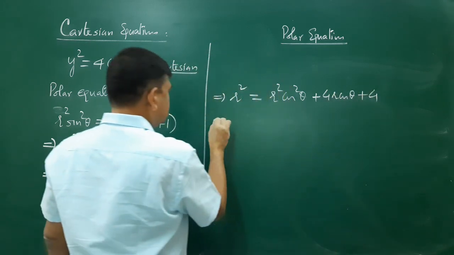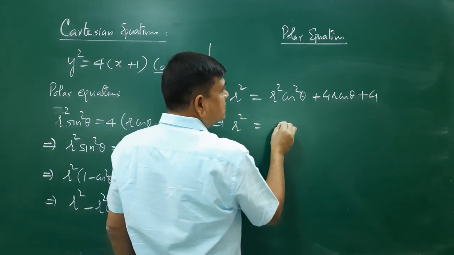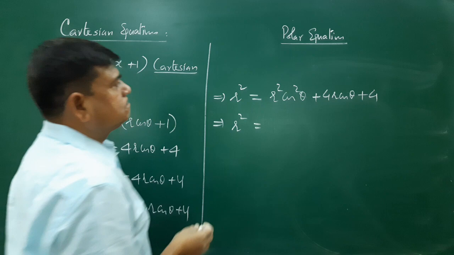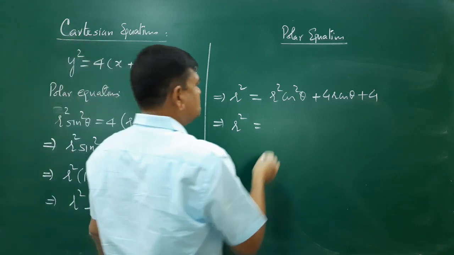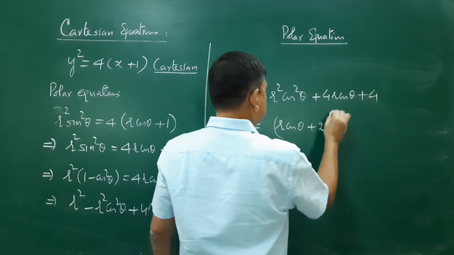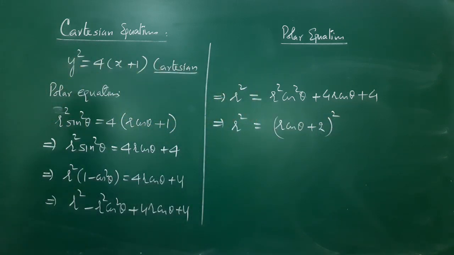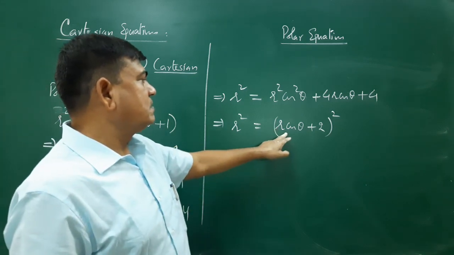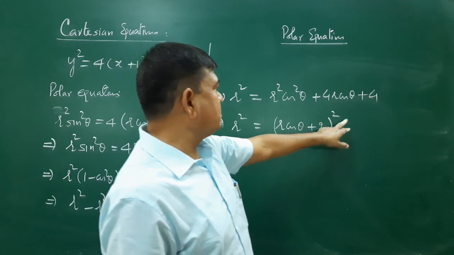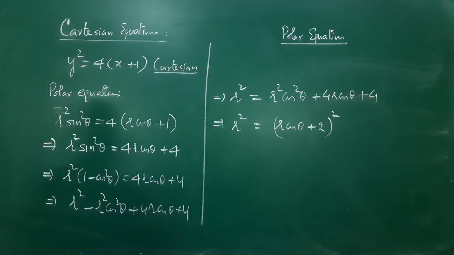Look at this, I hope it is (r cos theta plus 2) square, r square cos square theta plus 4r cos theta plus 4. I hope it's okay. I think so.